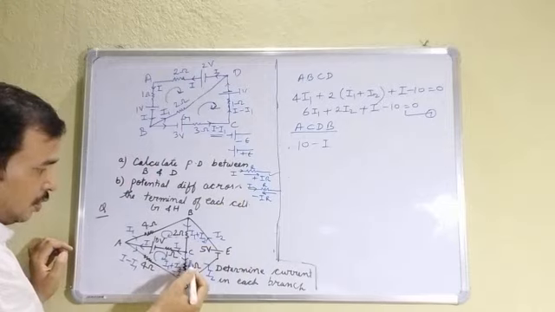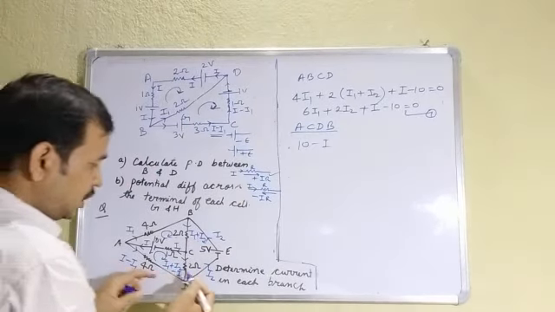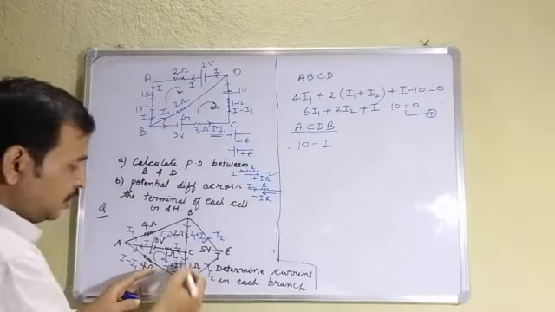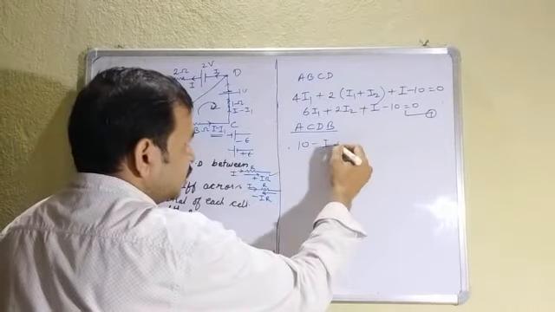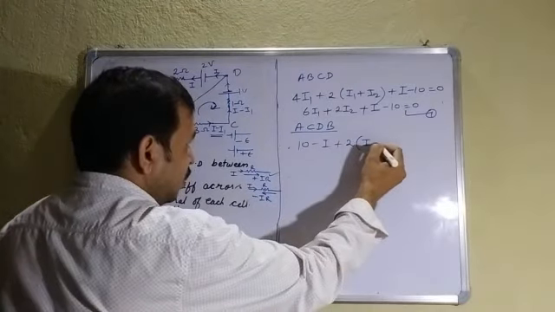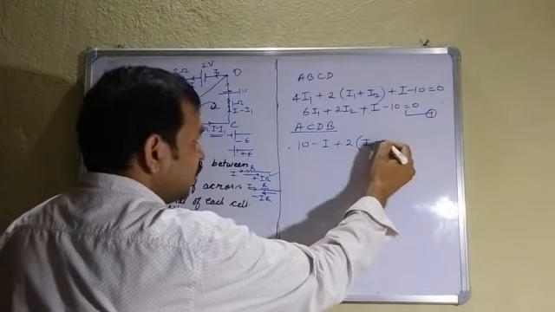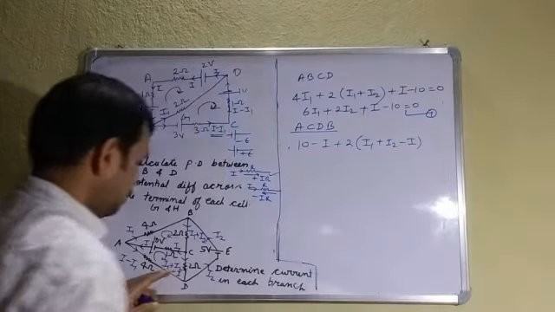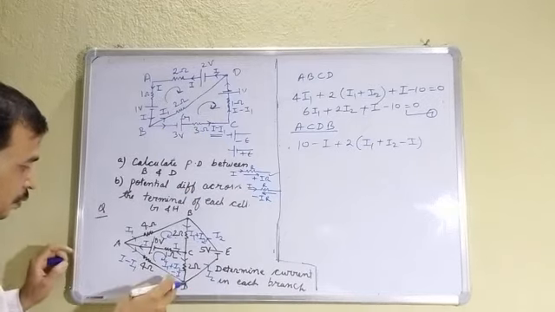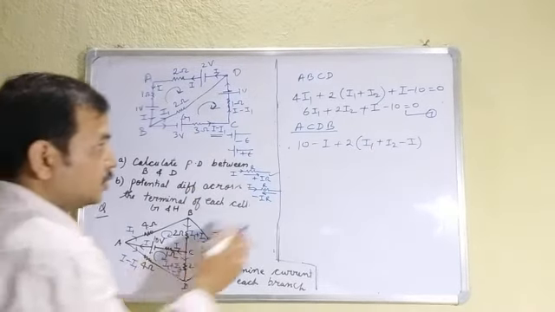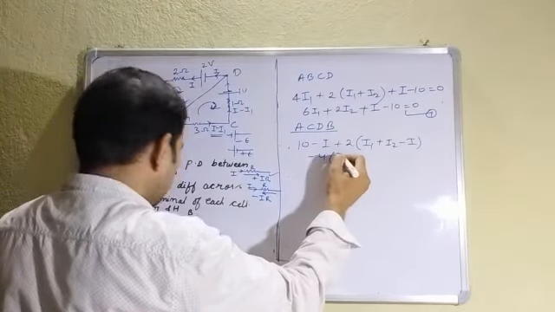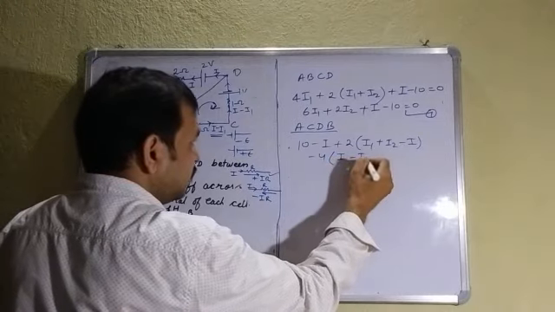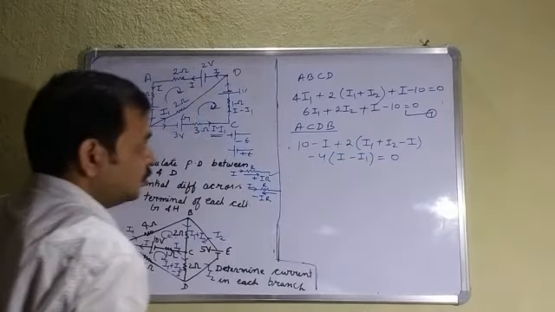From C to D, we are moving in the direction of current, so plus 2 into I1 plus I2 minus I. Now from D to B we are moving against the current, so the product is minus 4 into I minus I1 is equal to 0.